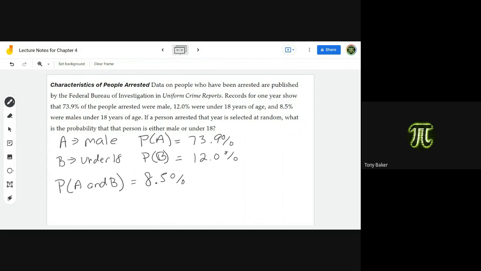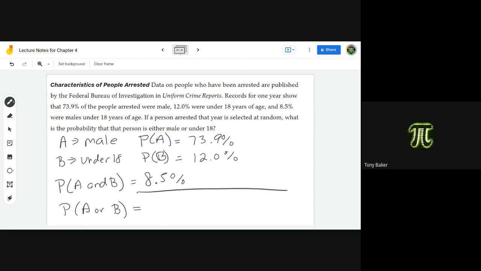So we know if they were male and under the age of 18. All right. So now the question they had was, they have the or. So it's A or B. So how do we figure out A or B?